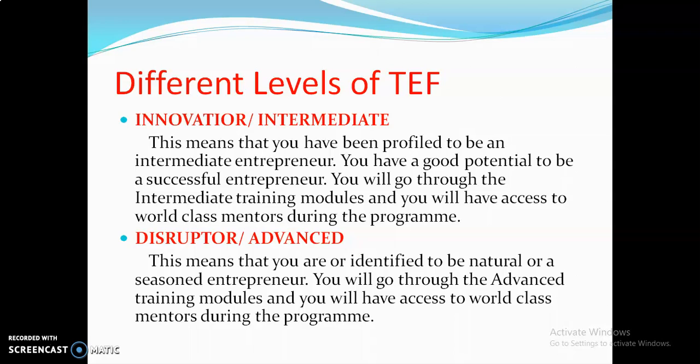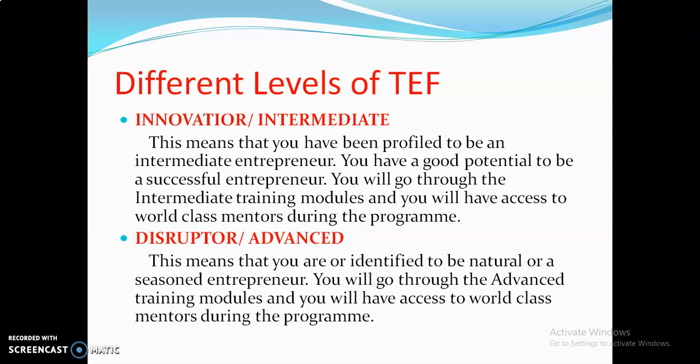So you have the potential to be a successful entrepreneur. They'll enroll you for a training on their portal, and you'll be eligible to go through the other stages. But again, the training has quizzes at different points. You get to answer different questions at different points, and those questions would be used to determine if you would still go on to submit your business plan and still go on to pitch.